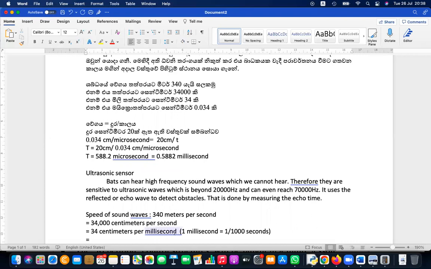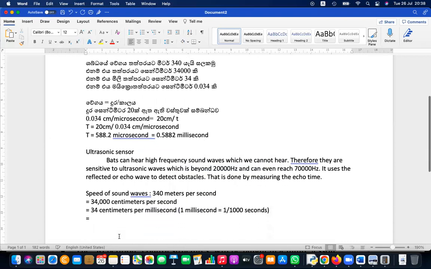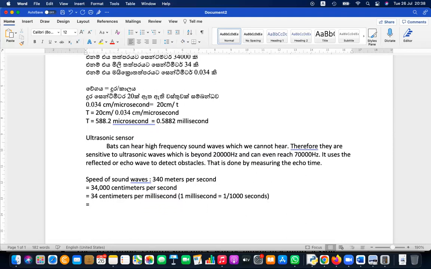So with that comparison, you can say it is 0.034 centimeters per microsecond. Actually, 1 microsecond is equal to 1 divided by 1000 milliseconds.